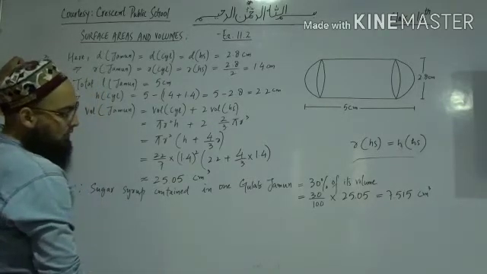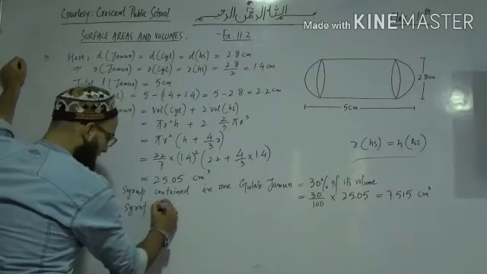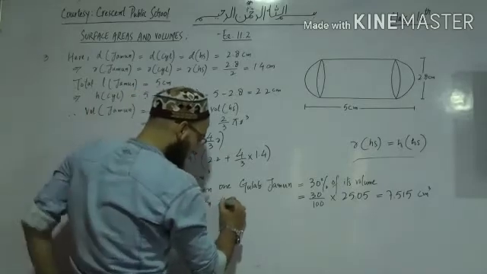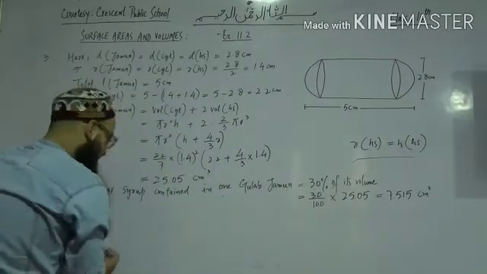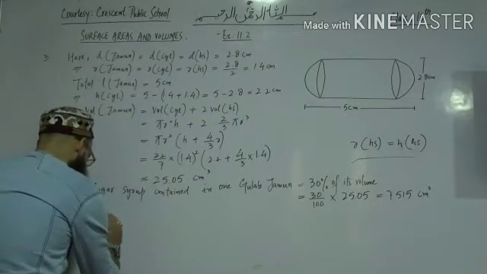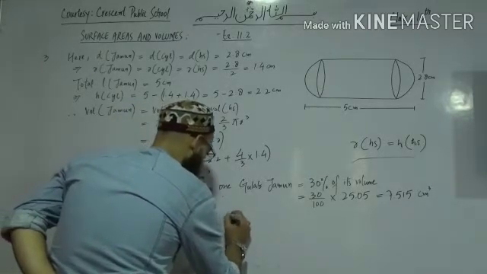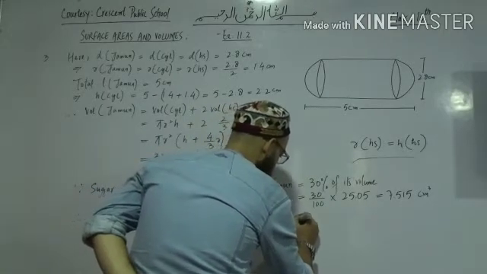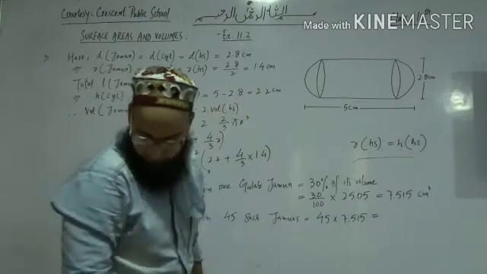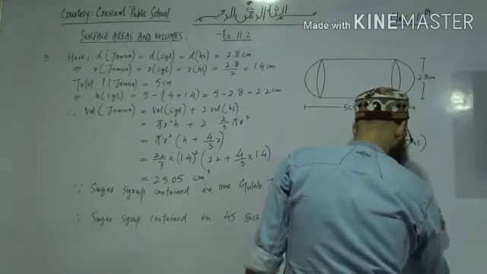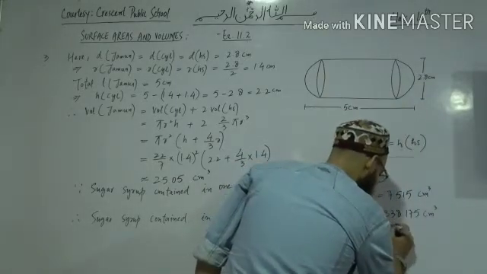Therefore, the sugar syrup contained in 45 such jamuns is equal to 45 times 7.515, and that will give you 338.175 cubic centimeter, and that is of the order 338 cubic centimeter.